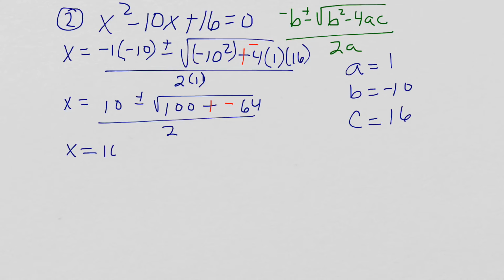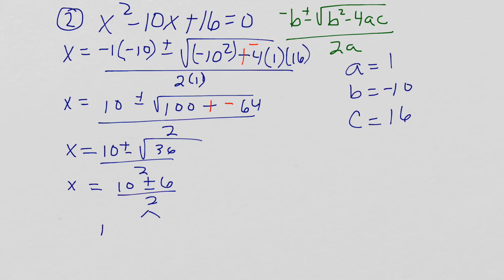X equals 10 plus or minus the square root of 36, all divided by 2. X equals 10 plus or minus 6 divided by 2. We're going to break that down into 10 plus 6 divided by 2, 10 minus 6 divided by 2.